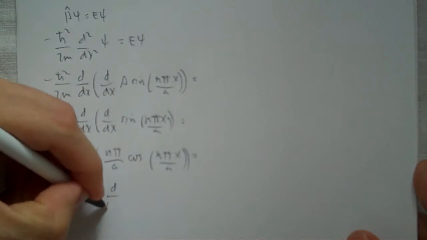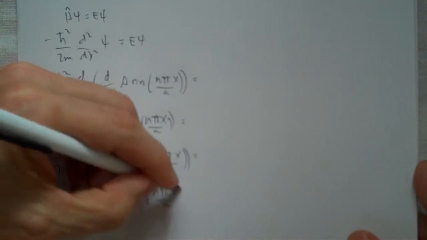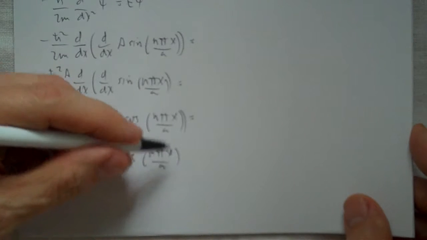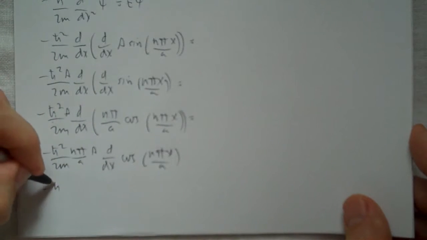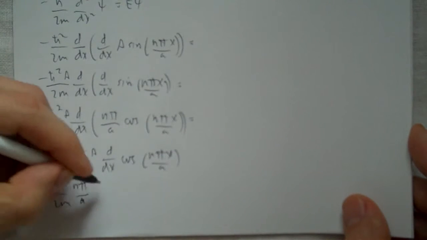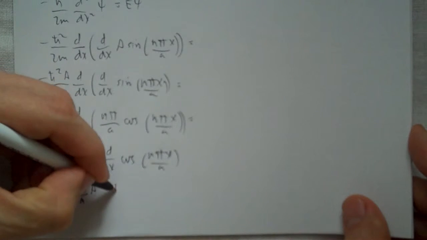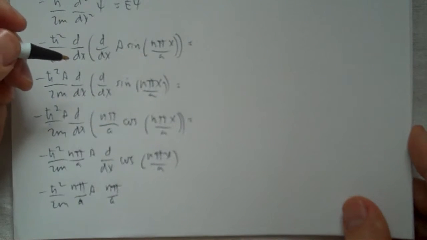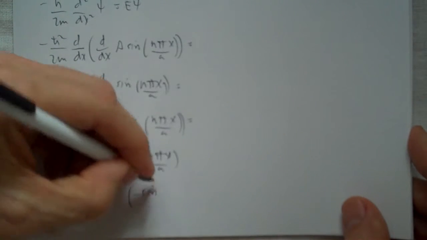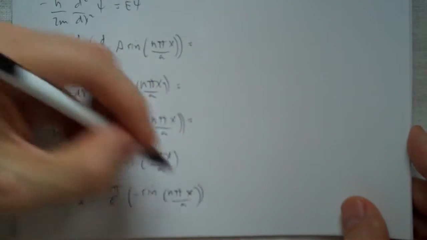Now, d dx of cosine n pi x over a: the derivative of cosine of some factor times x is going to be, I'm going to write this first, n pi over a, capital A. But the derivative of this, now we're going to pull that part out. It's going to be, again, n pi a, and it's going to be minus sine of n pi x over a.